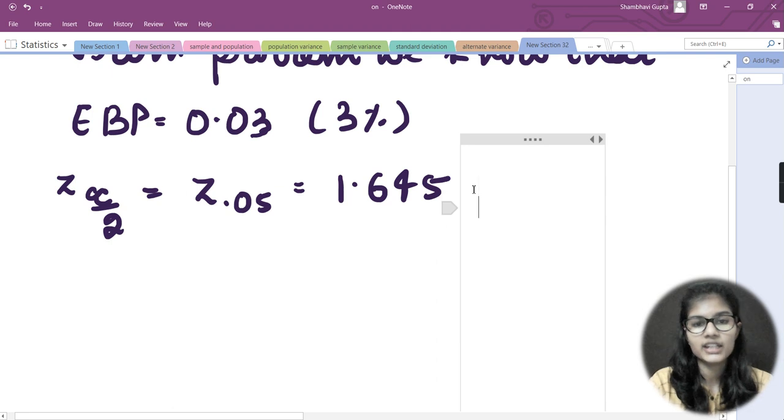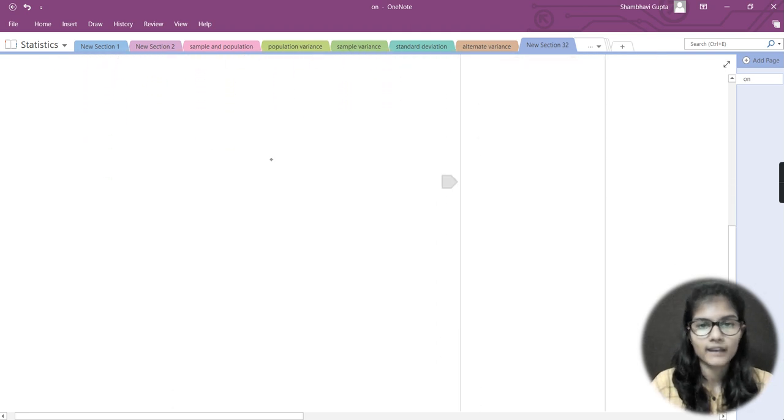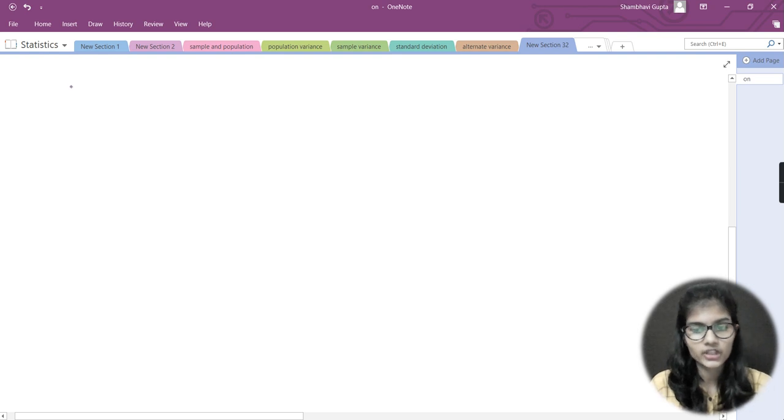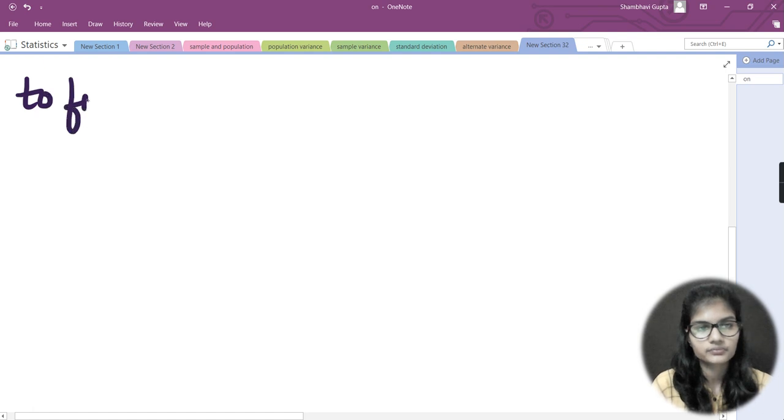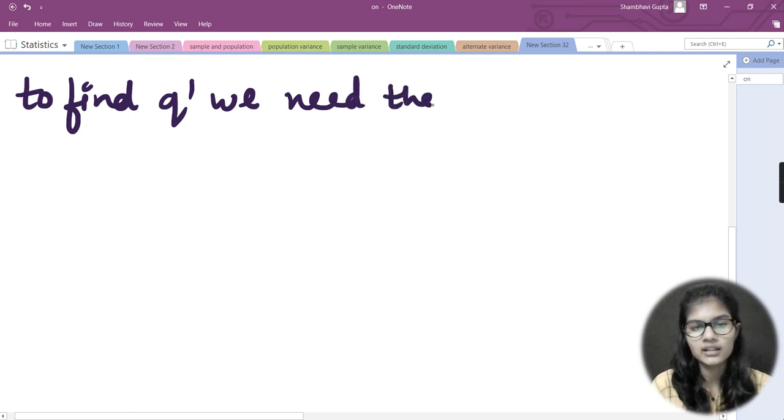Let me come down here. If you do not have any source for finding the P dash and Q dash, then what do we do? In that case, I would write here that to find Q dash, we need the P dash.